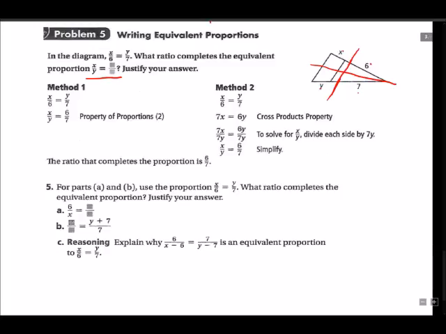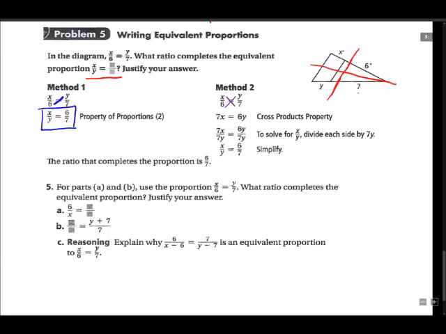Proportions are really awesome. So let's use our properties to do this. Method 1 says we've got our original x to 6 equals y to 7. And what am I going to do? I want to get y on the bottom over here and 6 on the top over there. I'm going to just switch my means, and I end up with x is to y as 6 is to 7. Or we can cross multiply.